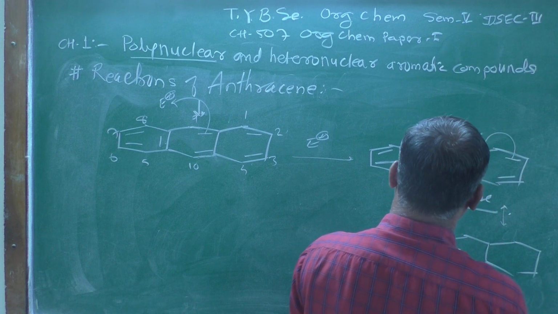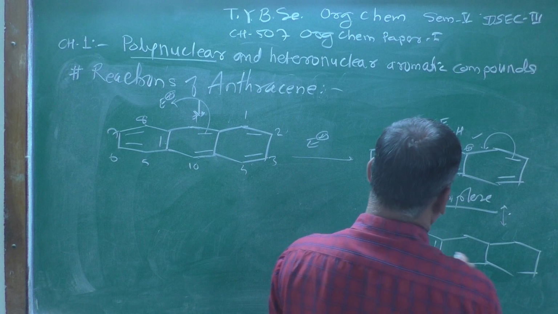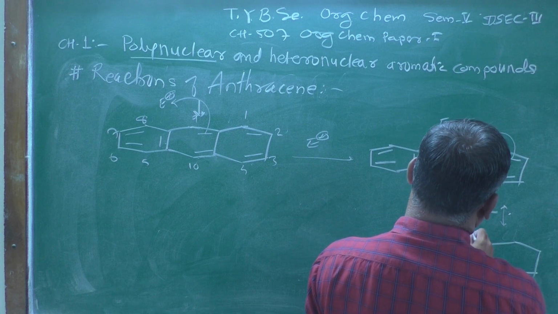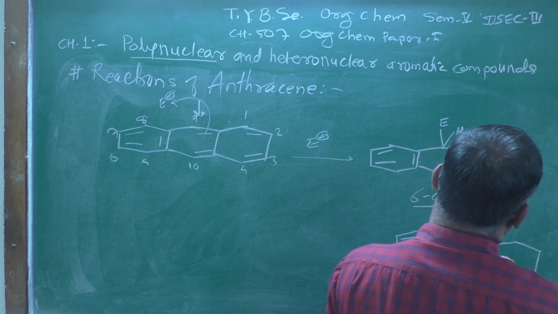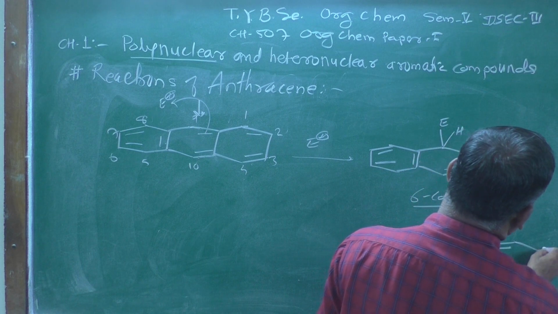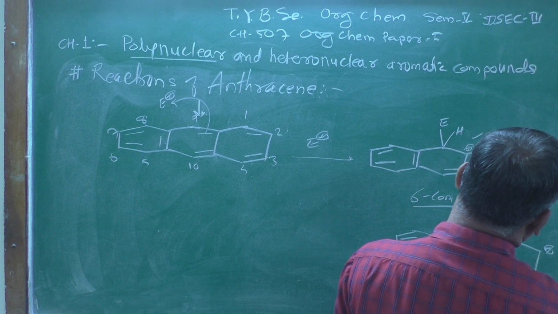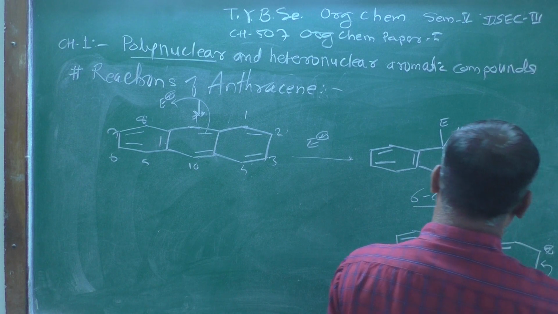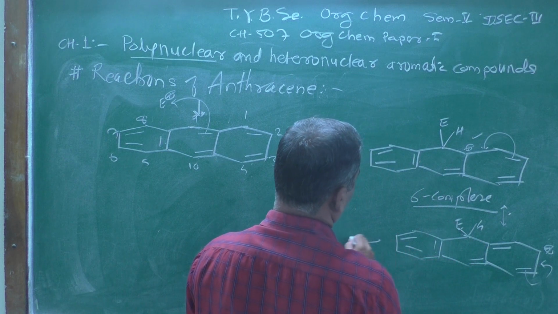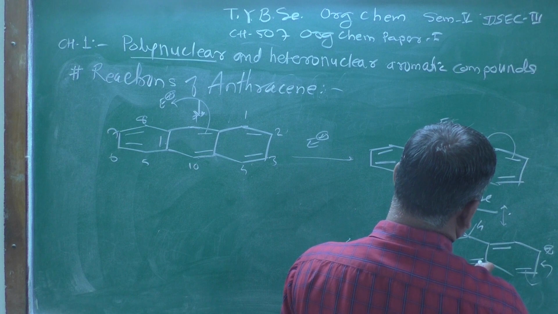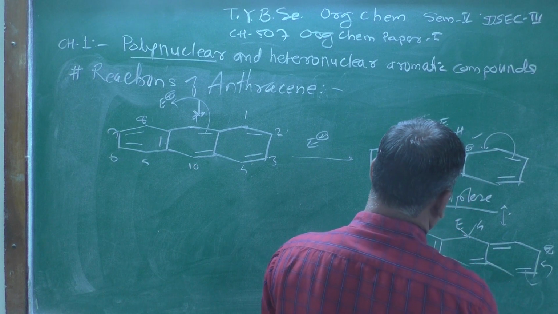I am showing only one structure over here, and the other structures you can show as well. The positive charge comes over here, then this double bond is shifted from here to here. You will get another resonating structure. Positive charge comes here, then this goes there.